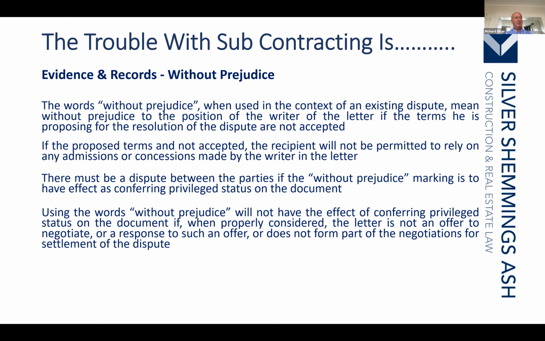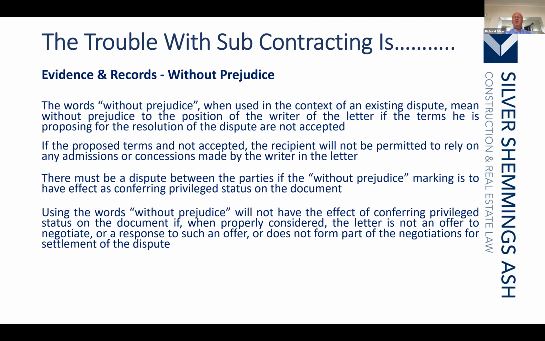And to assist in this process, it means that if a person says, I'm willing to pay you £5 for that variation, you cannot then go to the court and go, they've accepted it as a variation. Look, they offered us £5. So by saying I'll offer you £5 on a without prejudice basis means I don't accept you're entitled to anything, and you cannot use this letter as evidence at all.